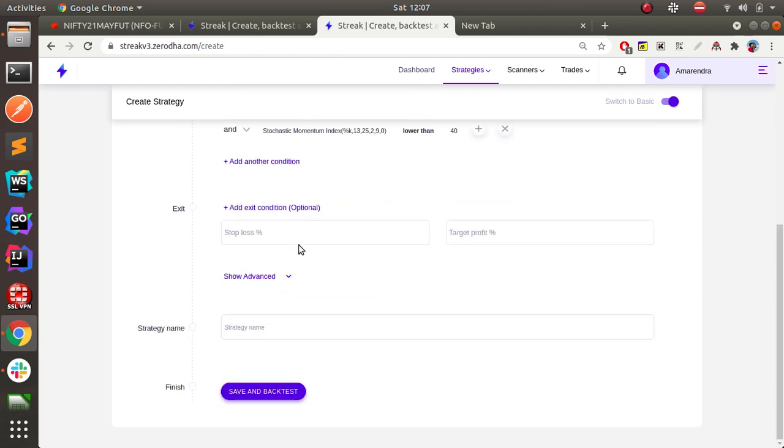Okay, so we'll have a stop loss of 1. Let's see, we'll fine tune these values later.